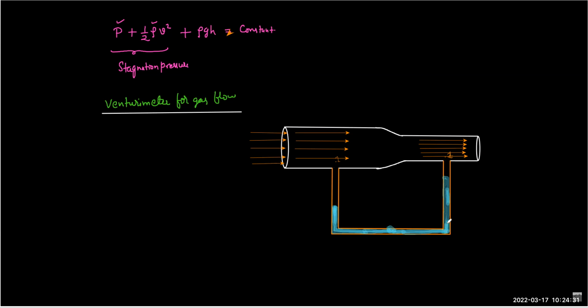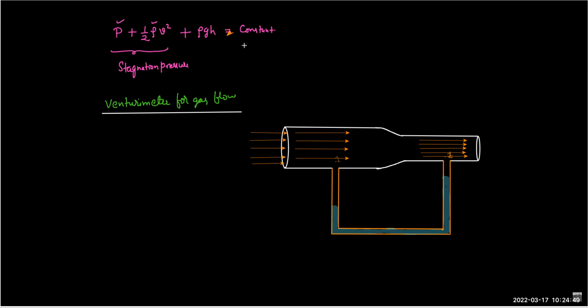Why? Because the pressure is less. It is like a vacuum creation, because the faster the gas moves, it will not press this side. Understand?